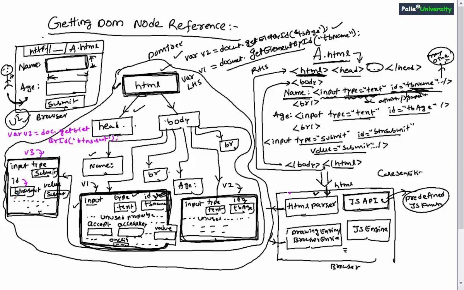Now whatever I have explained as of now, the same thing I will try to show you in my Visual Studio. In Visual Studio, instead of taking a name and then ASP text boxes, just to simplify the explanation, I will create a simple page with the name a.html, with a name text box and a submit button. When the end user clicks on the submit button, I will call a JavaScript function.